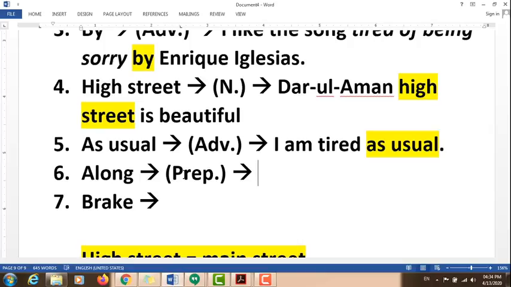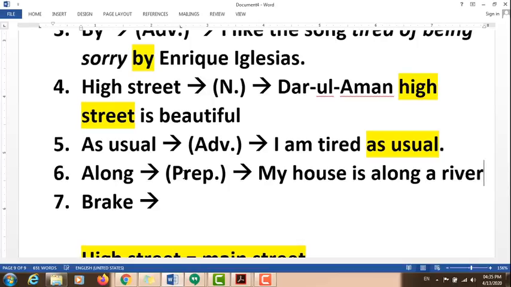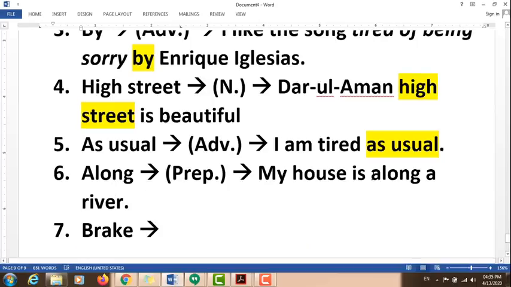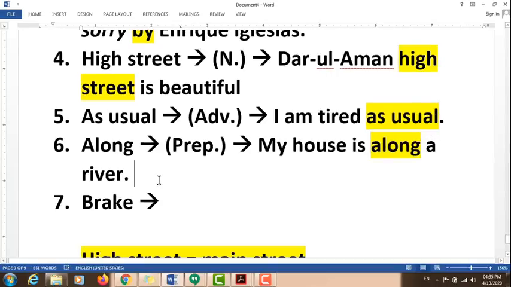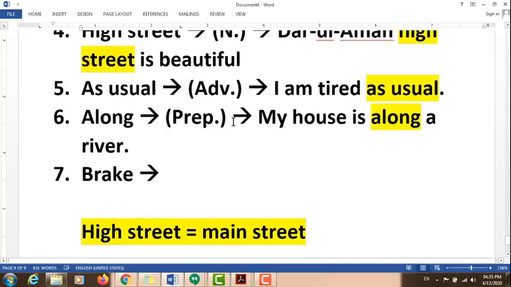Okay, my house is along a river. خانه ما در امتداد یک دریا است. کابل دریا. Okay. My house is along a river.